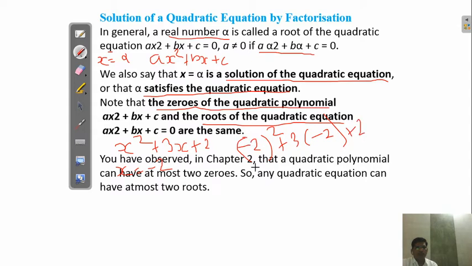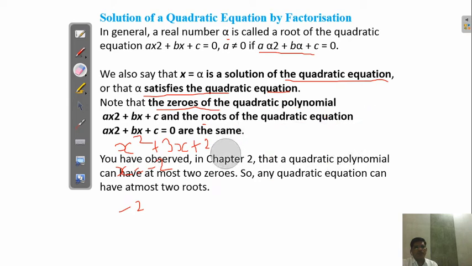If we simplify, 4 minus 6 plus 2, so we get answer 0. It means we can say minus 2 is the root of the quadratic equation.